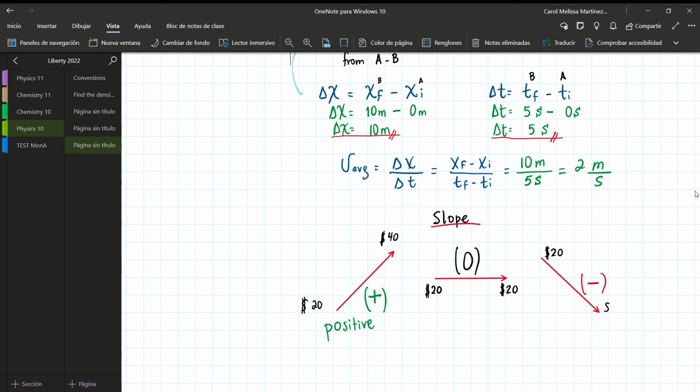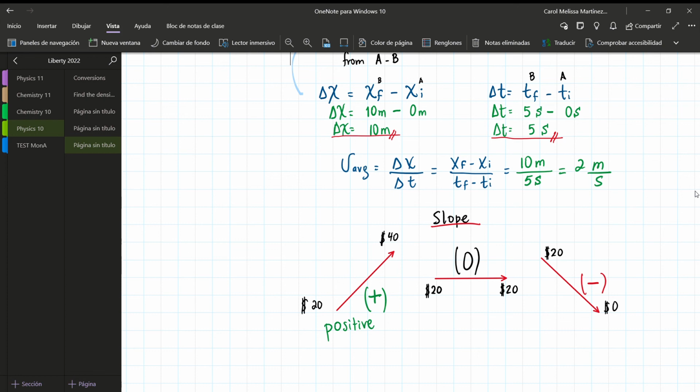After the school year had gone, you have 0. So what happened? You just lost money, and losing is something negative. So when the slope goes in a downward direction, we're going to say that is negative.